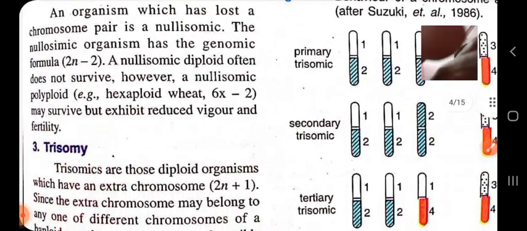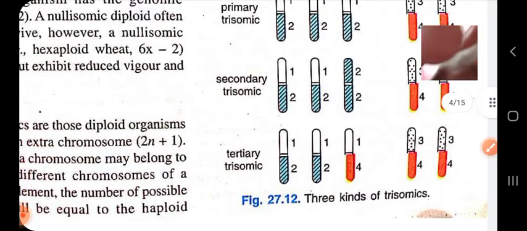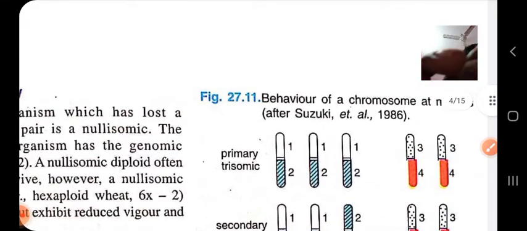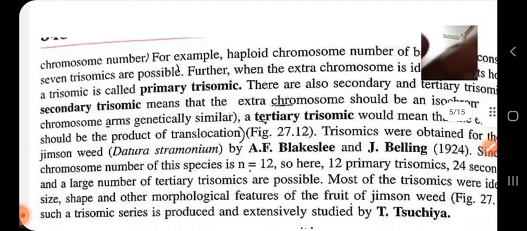Now, trisomy can be of many types, like primary trisomy, secondary trisomy, and tertiary trisomy. What is primary trisomy? I will not go into a diagram now because it will confuse you.